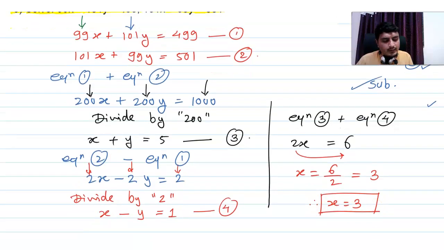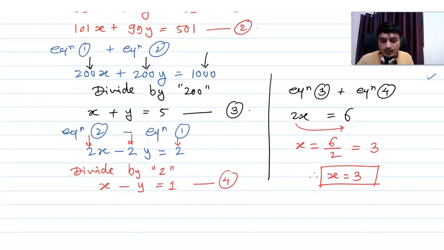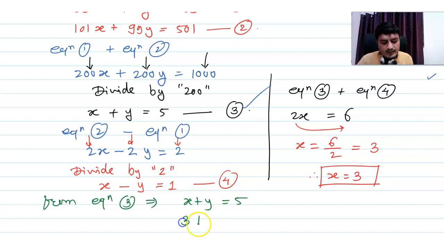Now to evaluate the value of variable y, what shall we do? Substitute x equals 3 in any one of equations 1, 2, 3, 4. We take the simplest equation, equation number 3. From equation 3 we have x plus y equals 5. The value of x is 3, so 3 plus y equals 5.